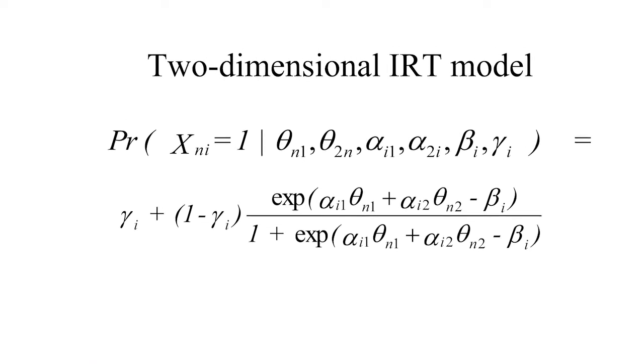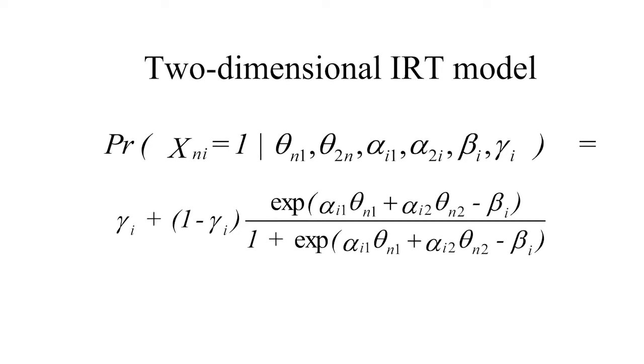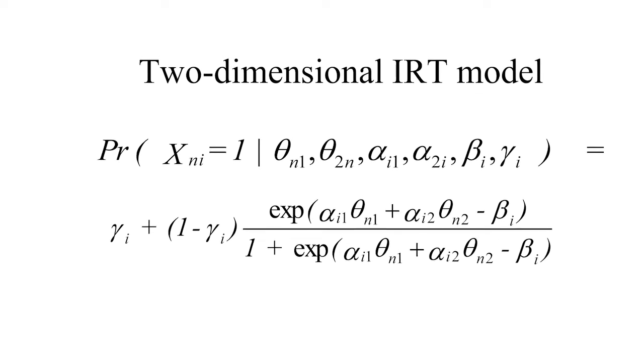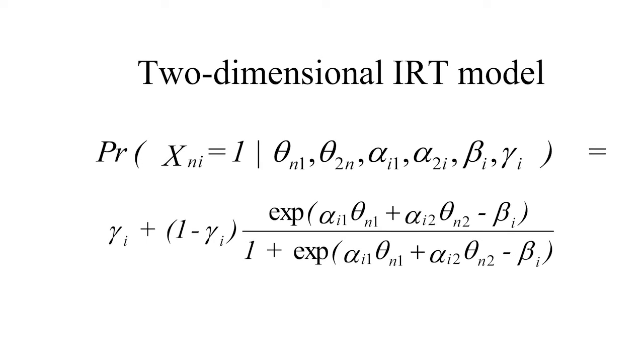And again, here you have these alphas, these discrimination parameters, and they tell you how important the two dimensions are for giving the response. So if the alpha is high, that dimension is important. And if the alpha, in principle, can be 0, then the dimension is not important at all.